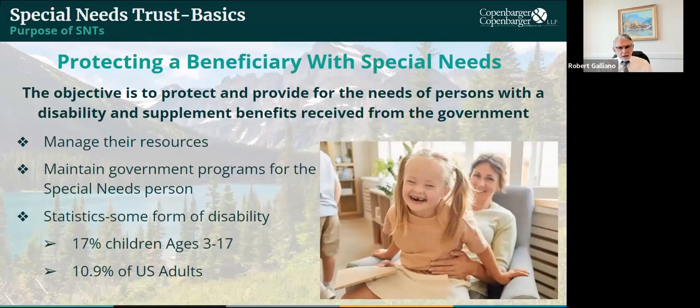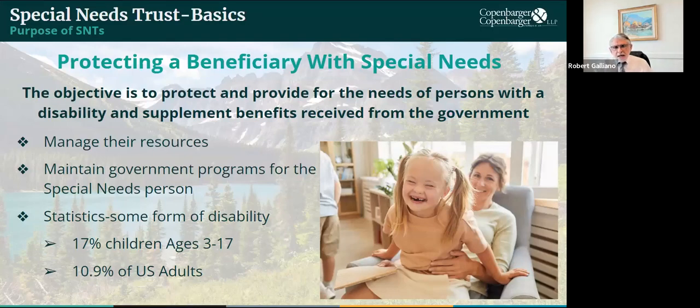Why do we have special needs trust? What is the objective? What are we trying to do? Now, all of you who are parents or have family members that are special needs individuals, you know that the objective that we have is to protect and provide for the needs of these individuals with disability and to supplement their benefits that are not received from the government.